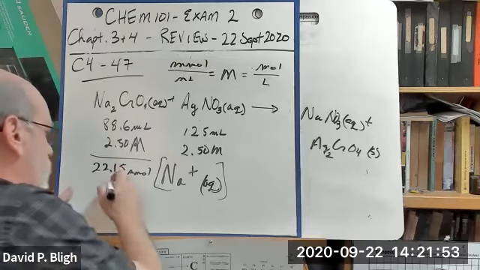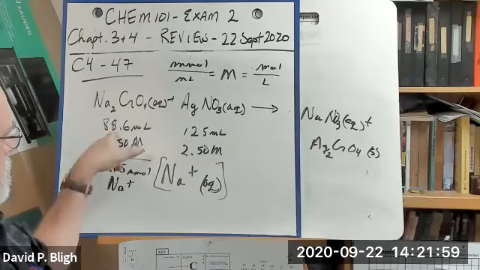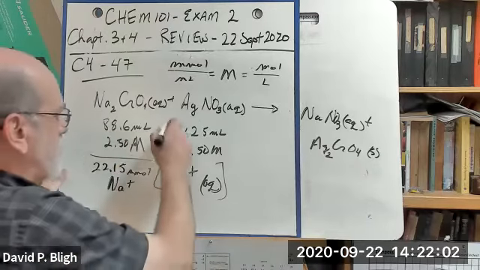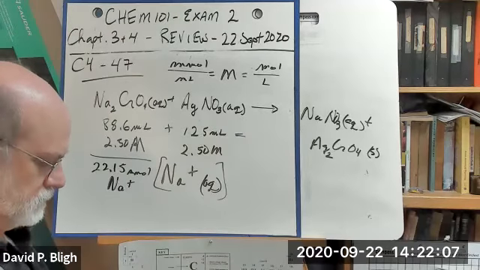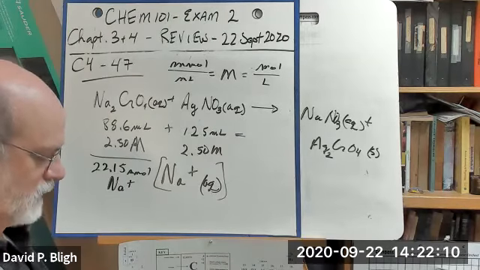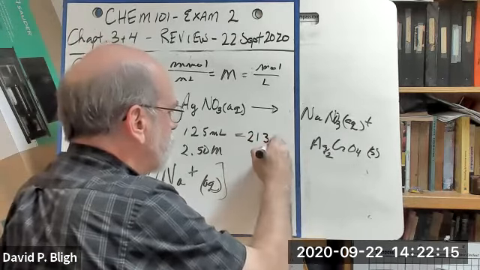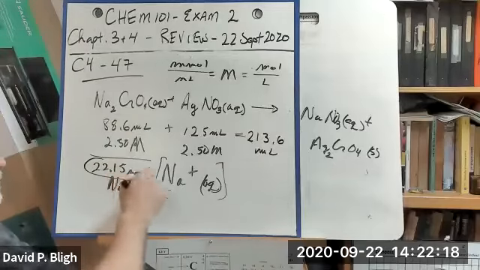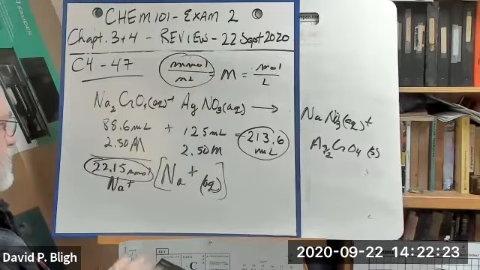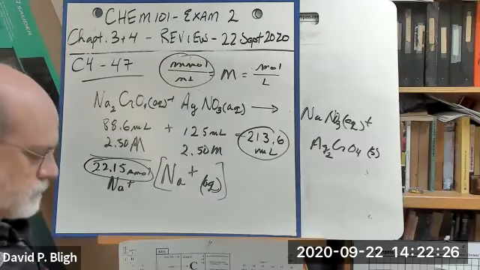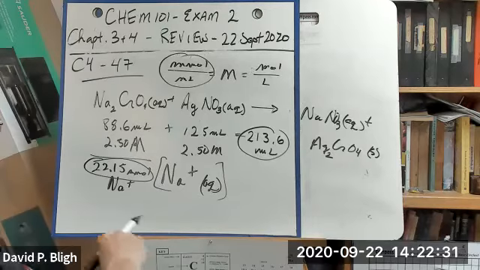So this is the amount of sodium. What's the volume? The volume is 88.6 plus 125, or 213.6 milliliters. So you divide this one by that one because of this, and you get molarity. 1.0, let's see, how many?